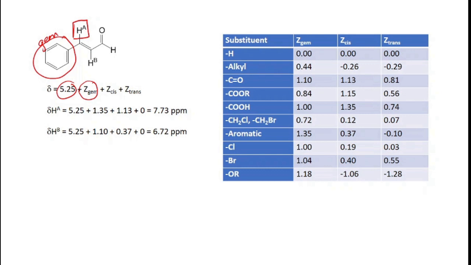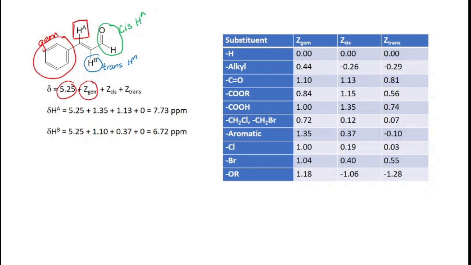It is a substituent on the same carbon. We would add to that the effect of the substituent that is cis, and so cis is on the opposite carbon, but the same side as HA. So this is cis to HA. And then we would add the effect of the substituent that is trans, and the trans group is HB. This is the one that is trans to HA.